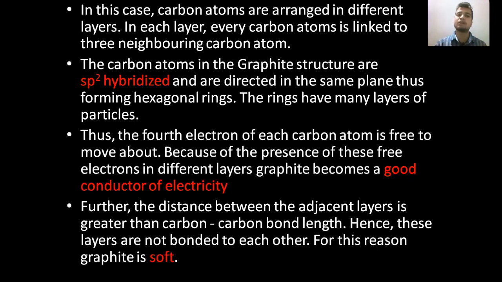Diamond is a poor conductor of electricity, graphite is a good conductor of electricity. So that is how we can learn the basic difference between diamond and graphite. Being both covalent solids, they differ from one another due to their structure. So that is how we can understand the difference between diamond and graphite.